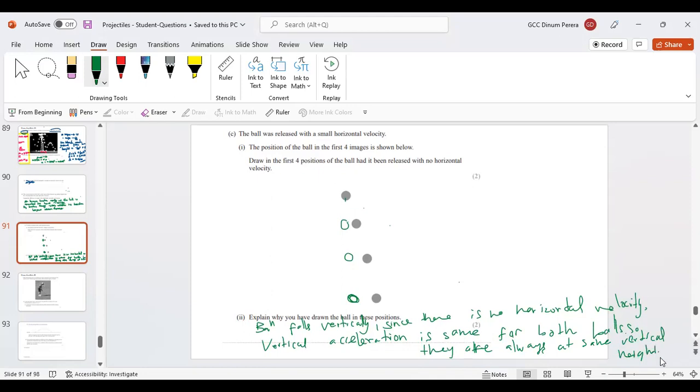They always have the same vertical height because the vertical acceleration is the same for both balls.